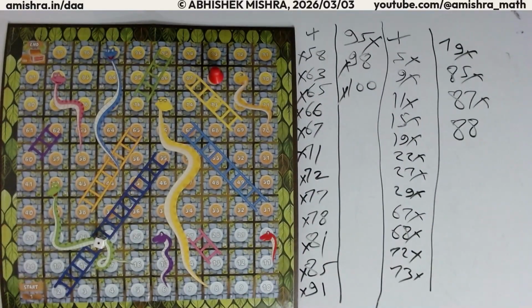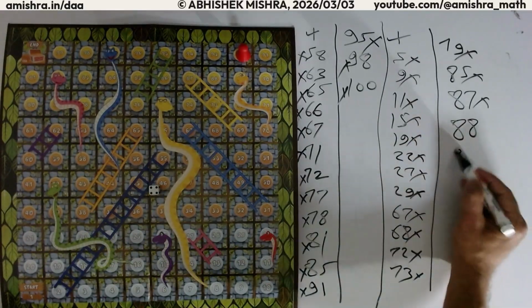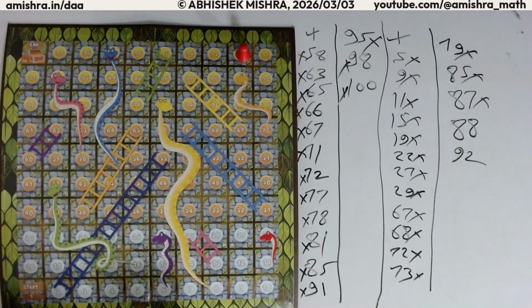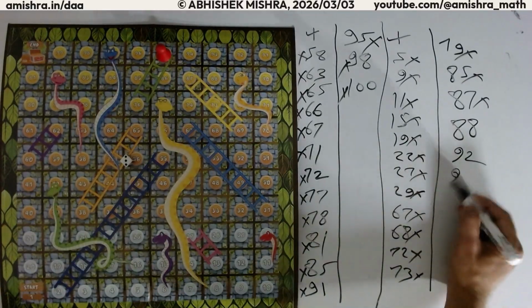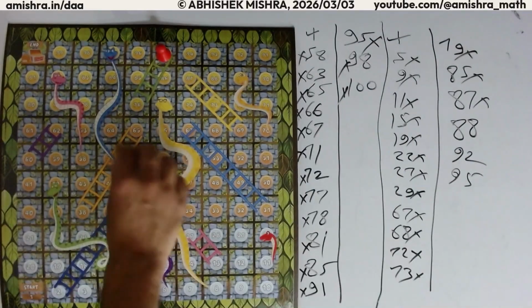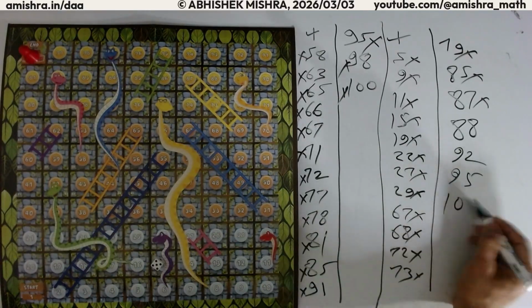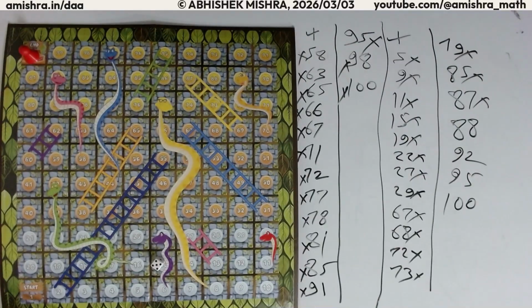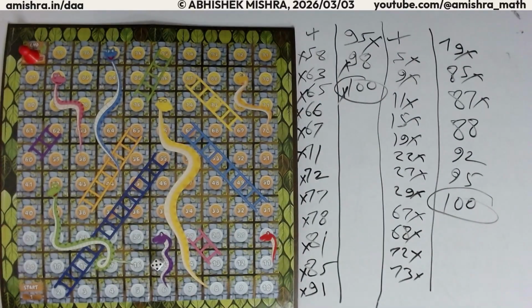So now we are getting a completely different set of values. 4, 92. 3, 95. 5, and we win. So now we can easily see that we are getting different sets of numbers, the number of steps is also different, but the ultimate result is the same. In both cases we have won the game.